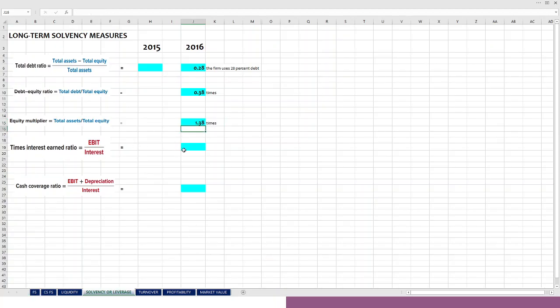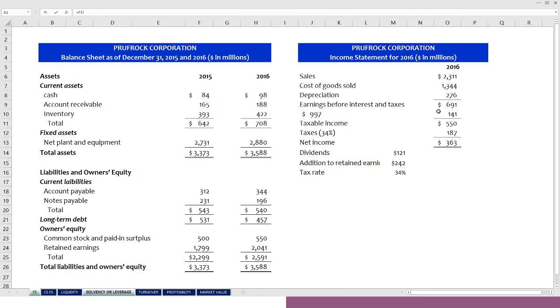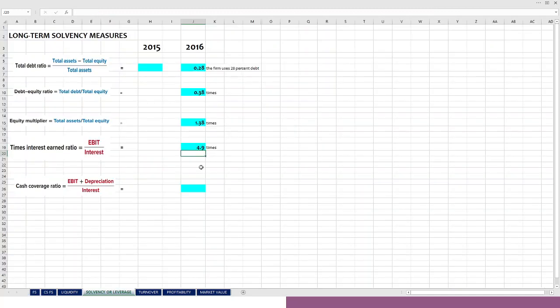Now for time interest earned is EBIT equals to our earning before interest and tax. We go to our income statement is this, divide by interest. Our interest is this is our interest 141. I think there was a problem here. So we have 4.9 times.